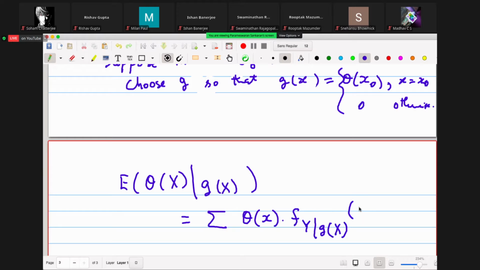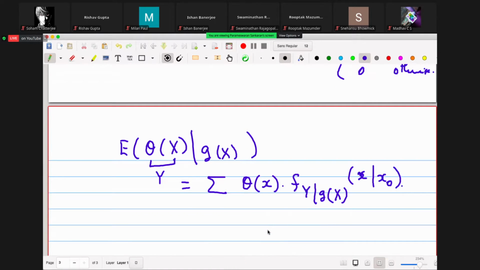And this can make sense only if x is equal to x naught. So here I have to have y is theta of x. So this is my y. And here, only x naught will matter, nothing else. Otherwise, it makes no sense.